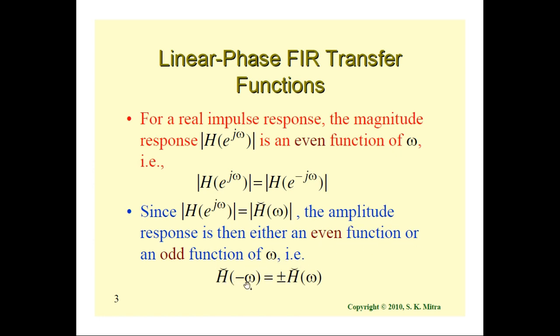That is, if we replace omega with minus omega in the amplitude response, both can be related as H-hat of minus omega. The symbol shown above H is known as hat. So H-hat of minus omega is equal to plus or minus H-hat of omega. If the amplitude response is an even function, the plus sign will be present here, and if the amplitude response itself is an odd function of omega, then the minus sign will be intact.